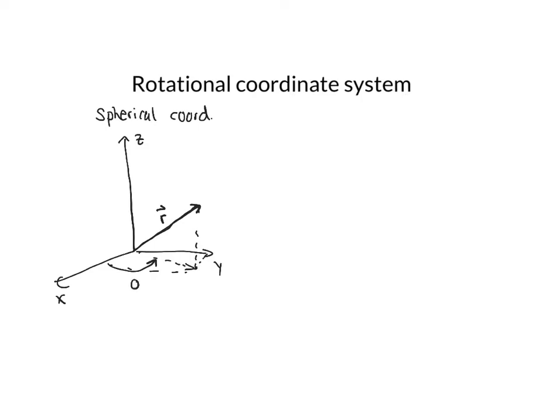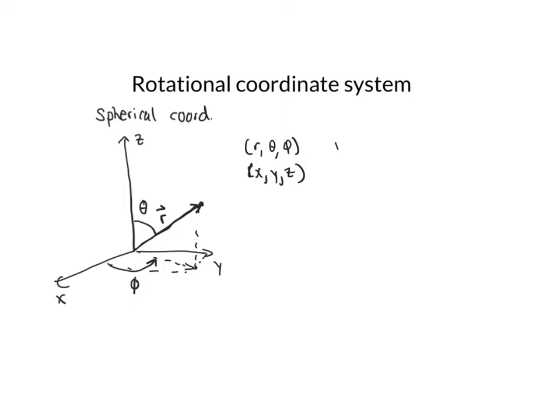We'll call that angle phi, and the angle that it makes with the z-axis, we'll call that angle theta. So I could give you the coordinates of this point either as r, theta, and phi, or as x, y, and z, and I could represent the same point with either one of those three coordinates.